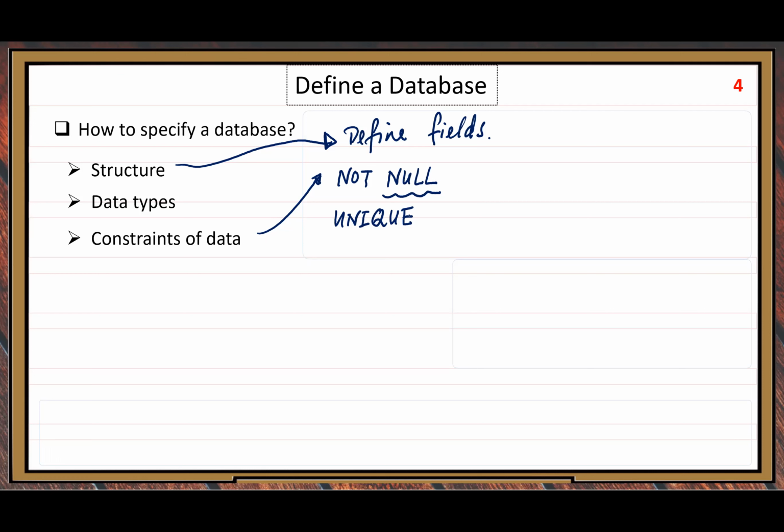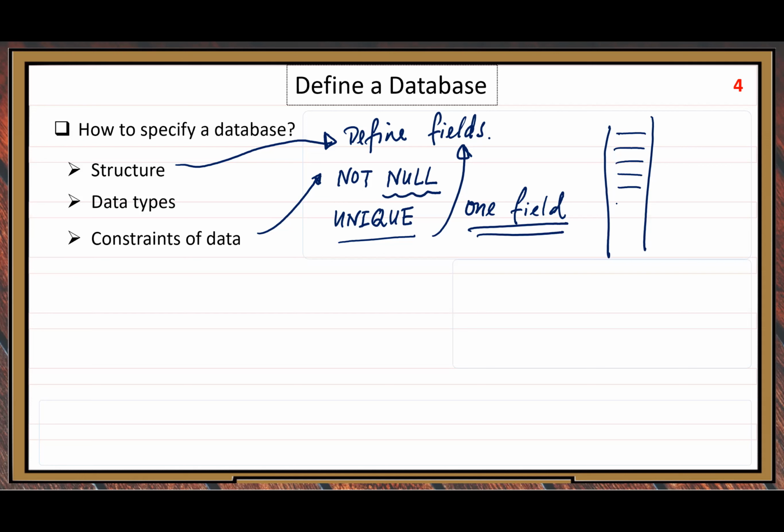When you do this, you are applying it to one field, one of the fields. UNIQUE means that for that particular field only, all the values in all rows must be unique. Because a field corresponds to one column, and there are many rows.